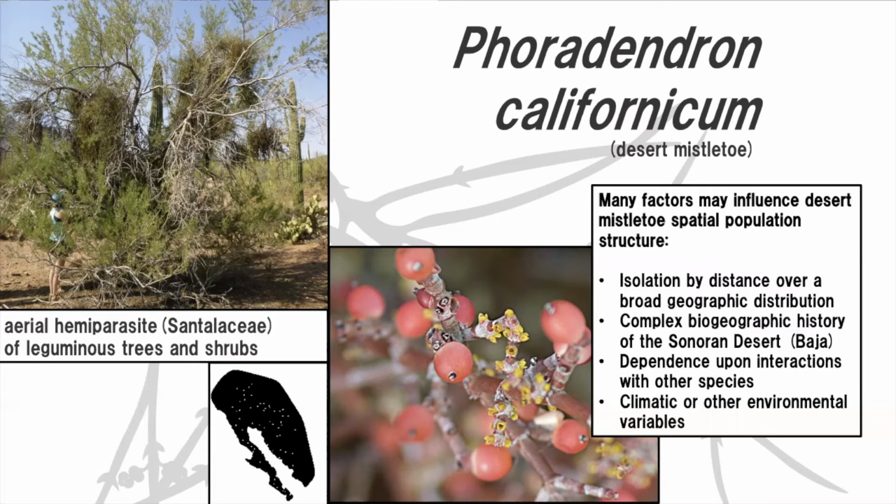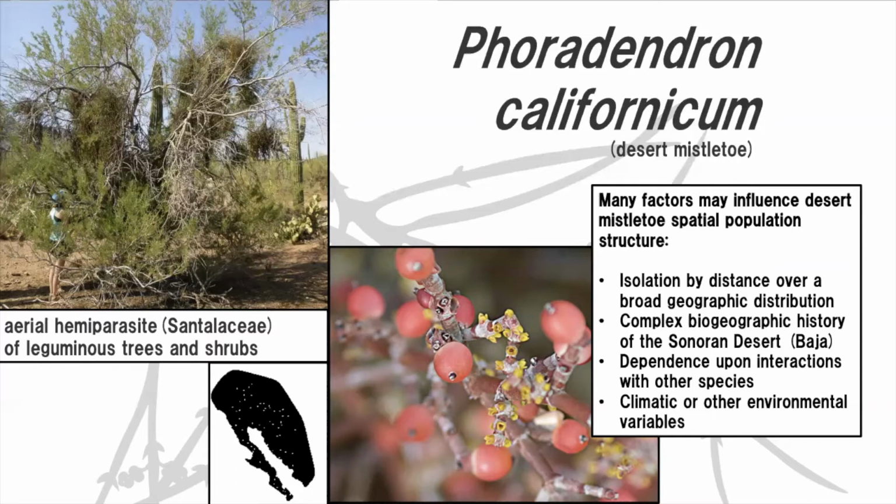that are important food sources for many of the desert birds and pollinators. But there are many factors that may influence desert mistletoe spatial population structure that we might be interested in. So first, of course, there's a pretty broad geographic distribution here, so we would expect to see some isolation by distance. There's a complex biogeographic history of the Sonoran Desert, in particular of the Baja Peninsula.